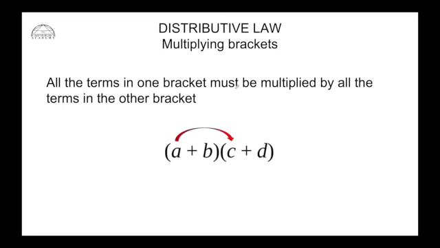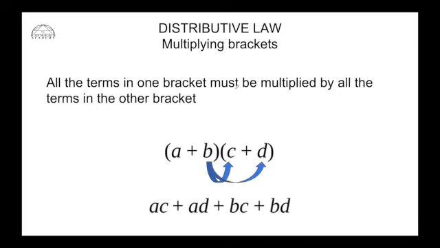You're just taking the A and multiplying it by everything in the next brackets. You seeing that, Ariel? Yeah. And then you're taking the B now and multiplying it by everything in the next bracket. That's pretty much all you need to do.